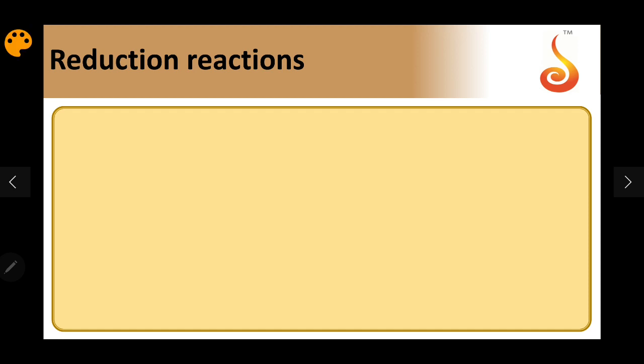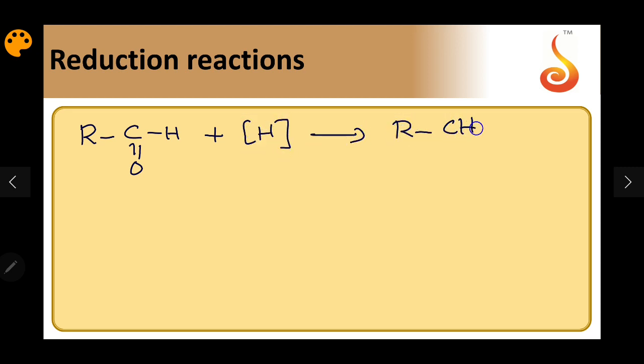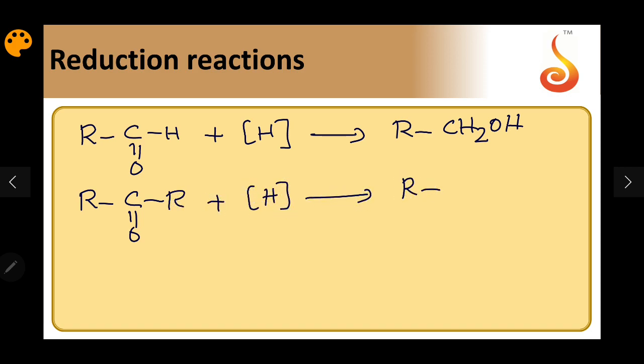Reduction reactions. In the case of aldehydes and ketones, RCHO is reduced to the corresponding primary alcohol. If I take a ketone, it is reduced to the corresponding secondary alcohol. What are the reducing agents I can use here?